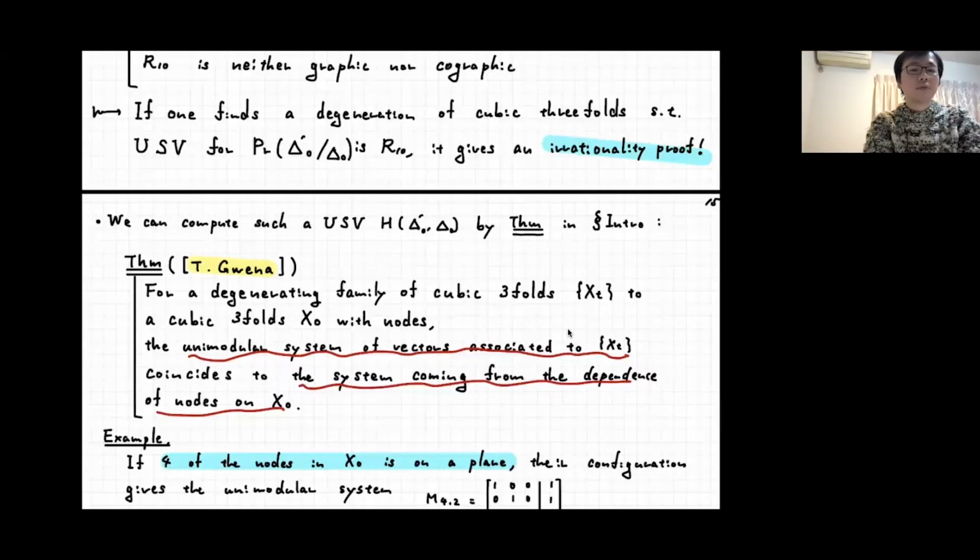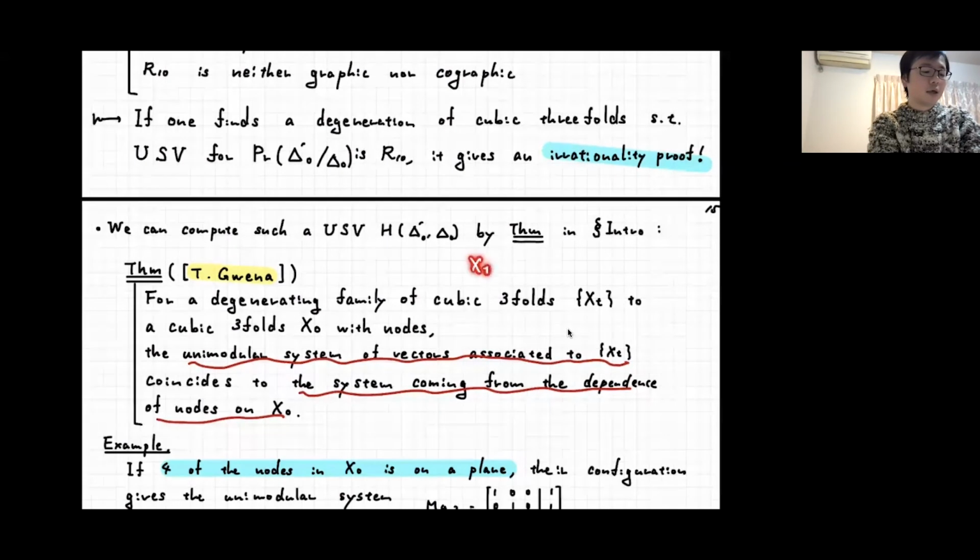Yes, starting from the smooth cubic threefolds, by considering just a pencil given by X_t plus t X naught, for any choice of the X naught, we obtain the degeneration family. But I don't know whether we can choose a good X naught such that, for example, the original X_t is sufficiently close to this degenerating point or not.